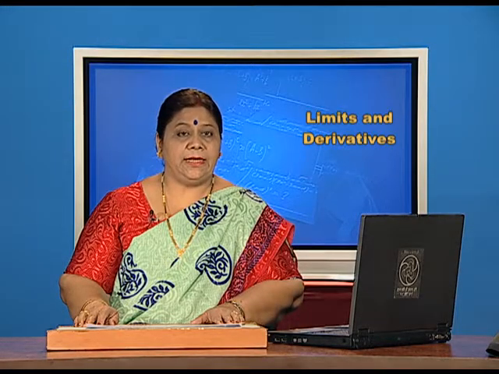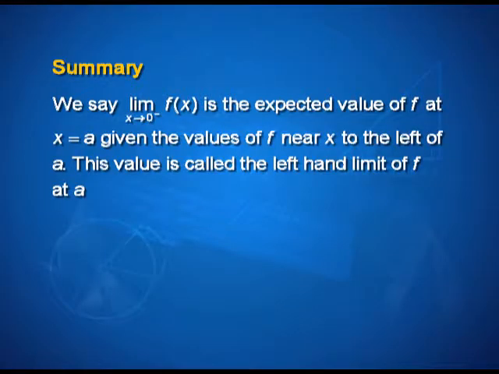So, we say limit of f of x as x tends to a minus is the expected value of f at x is equal to a given the values of f near x to the left of a. This value is called the left hand limit of f at a.